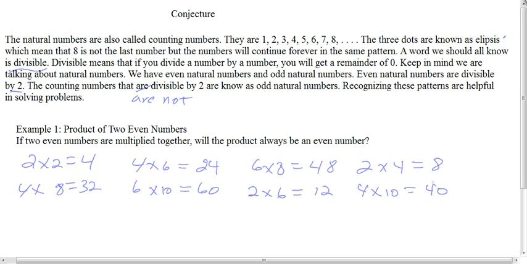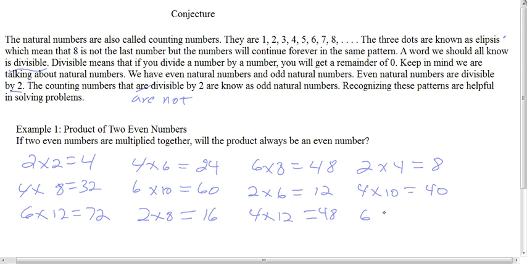Let's take 6 times 12, and that equals 72. Let's take 2 times 8, and that equals 16. Let's take 4 times 12, that equals 48. See the pattern so far?